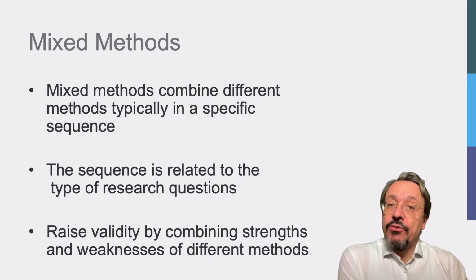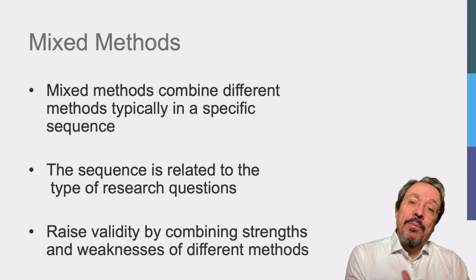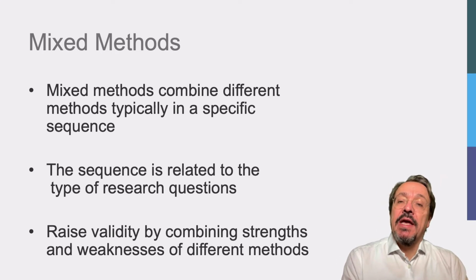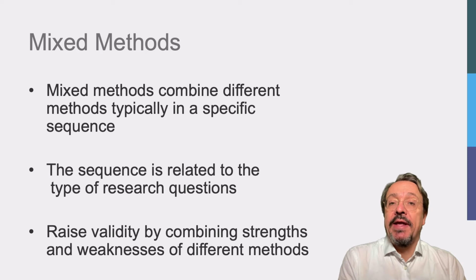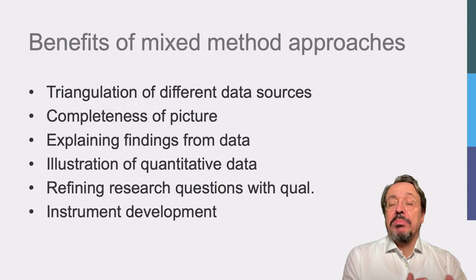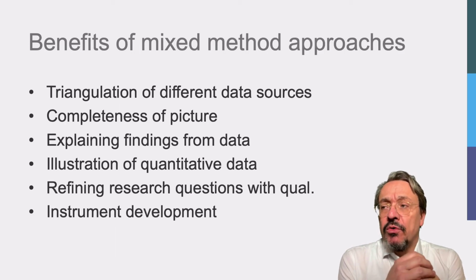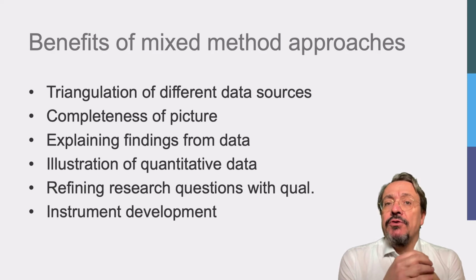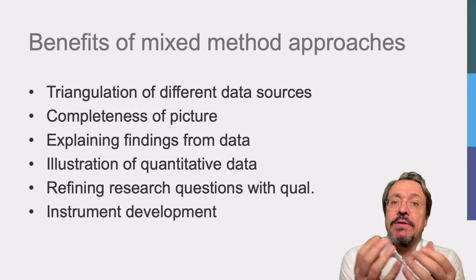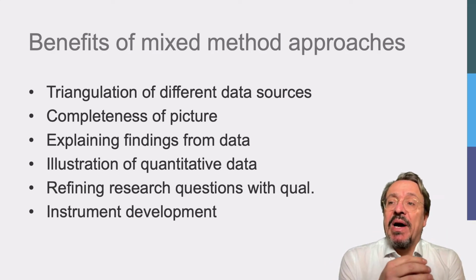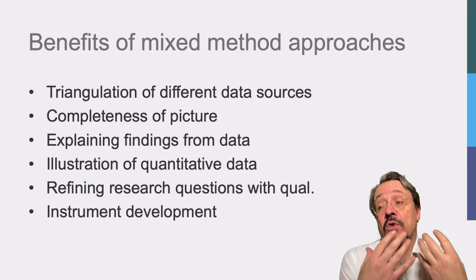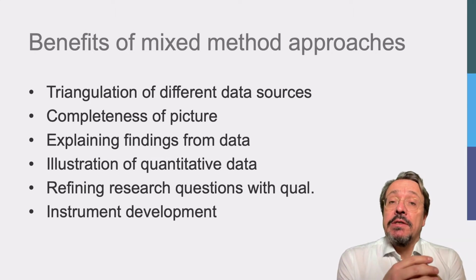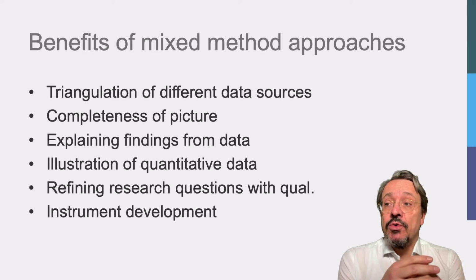So typically you try to raise the validity by combining the different methods and their weaknesses and strengths. So what are the benefits of this approach? Typically you get a kind of triangulation of different data sources, so you can combine the different data sources, you get a more complete picture. Sometimes you need additional data to explain some findings you had.